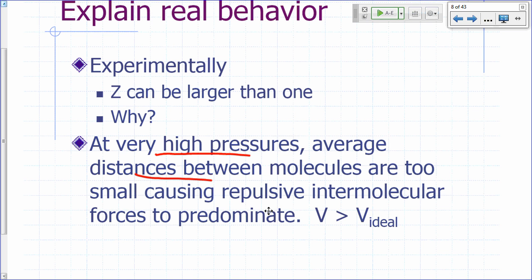So we start to repel. And so when the distances are such that repulsive forces start to predominate, the molecules are going to spread out so that the volume of the gas would be larger than what it would be if they were just to ignore each other. So that's what happens. That's how Z becomes larger than 1 at very high pressures.